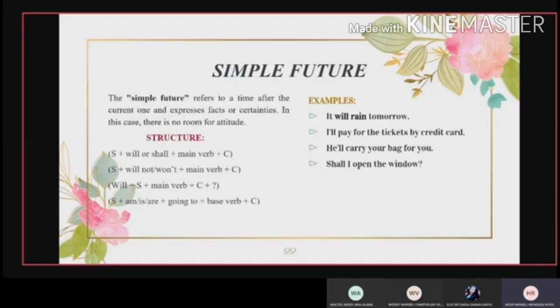Structure: subject plus will or shall plus main verb plus complement. Negative: subject will not, won't, plus main verb plus complement. Question: will plus subject plus main verb plus complement plus question mark.